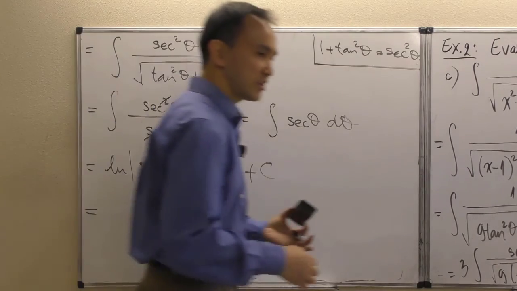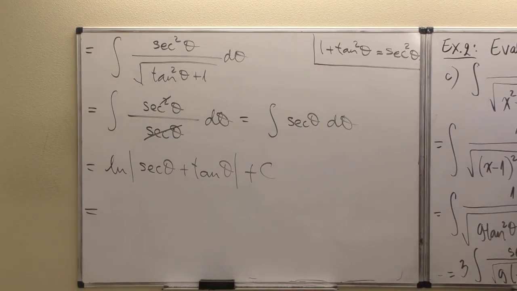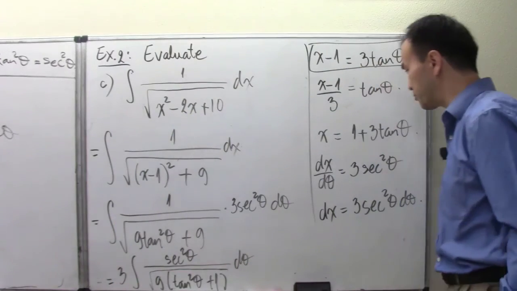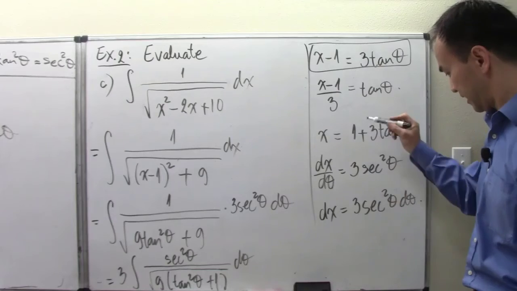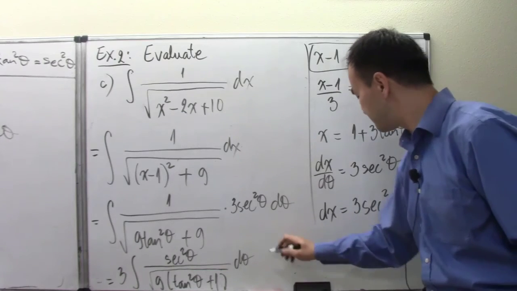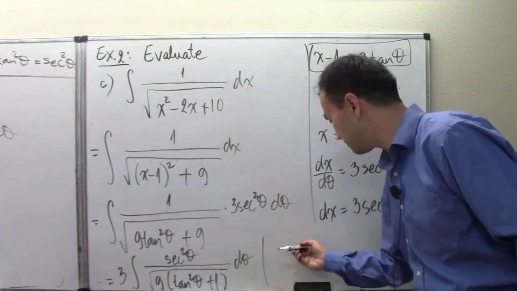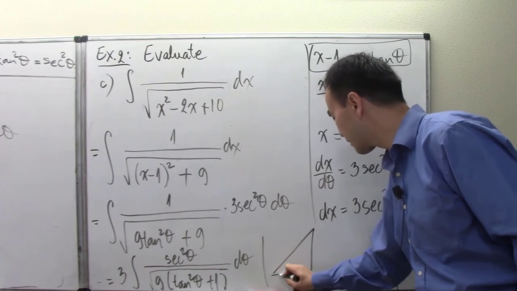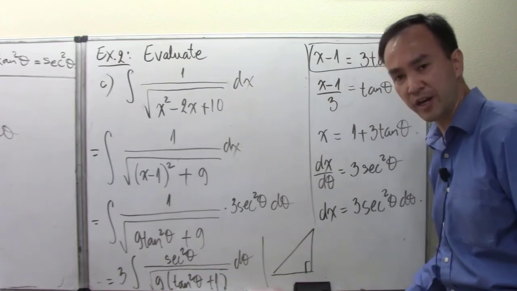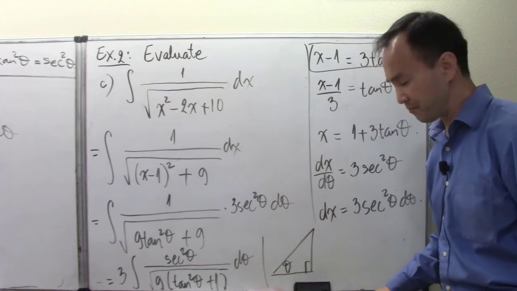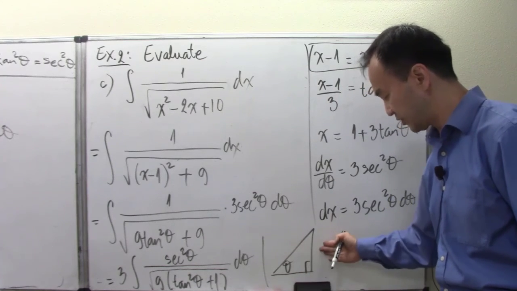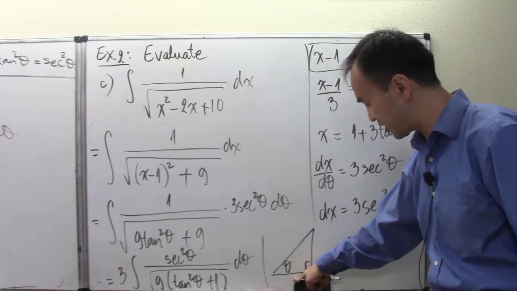Allow me to swing back to the other board and give some interpretation right here. It's slightly different from the problem in part B in a way that now I'm going to put the triangle here. Let's call that the right triangle. I decide to put my angle theta here, even though you can also put it here. But know that anywhere you put your theta, this is opposite side, this is adjacent, and that's hypotenuse.